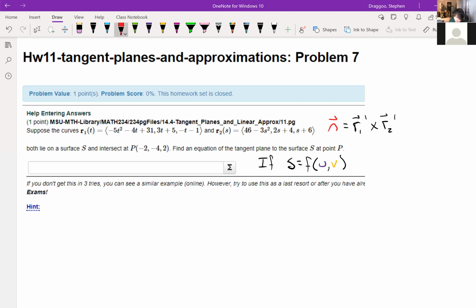The process is going to be nearly identical. I still am going to need a normal vector. But again, it'll be a parametric function, which means I probably shouldn't have said f because that makes it look like a scalar function.